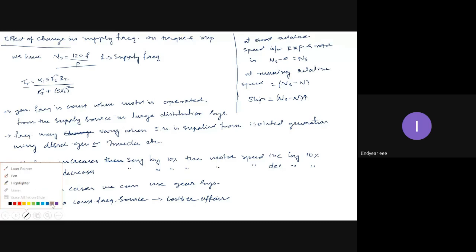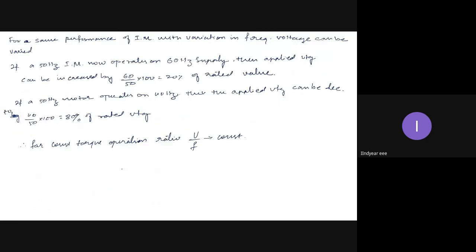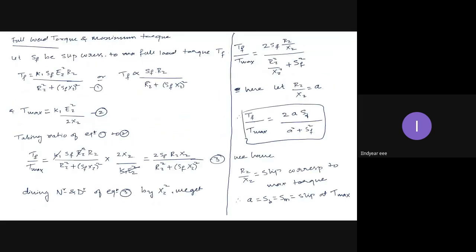And we have seen that similar performance of the machine can be obtained by varying the voltage. So by keeping the voltage to frequency ratio almost constant, we can obtain the same performance of the machine even with the variation in voltage and frequency.